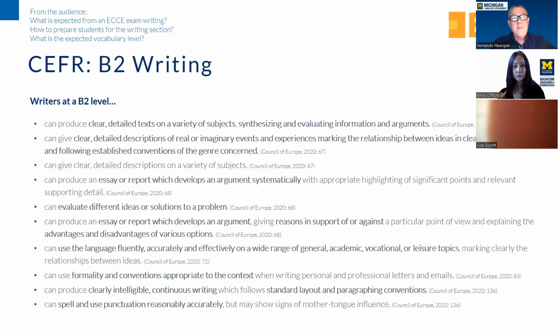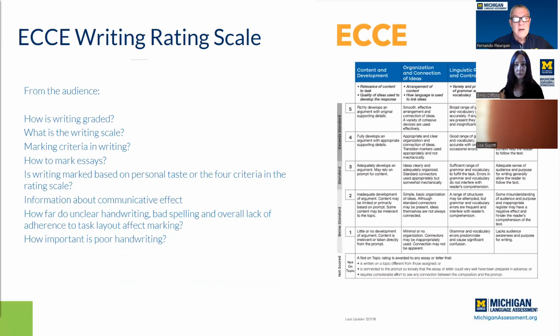In terms of scoring, there were several questions as well, as you can see in the next slide. The rating scale for writing is on our website. You can study it in detail. We're not getting into each of the different score bands here, but as I was explaining, the writing section is evaluated by trained raters that are certified to be able to do this.